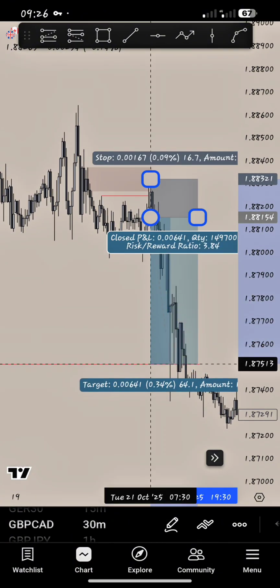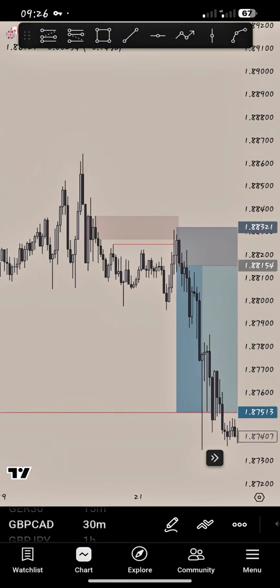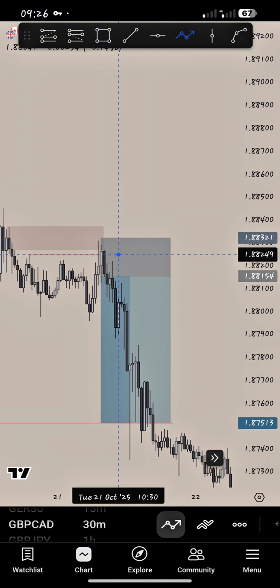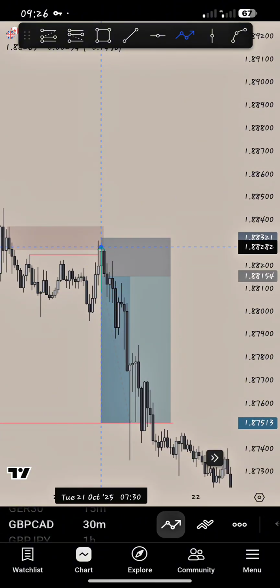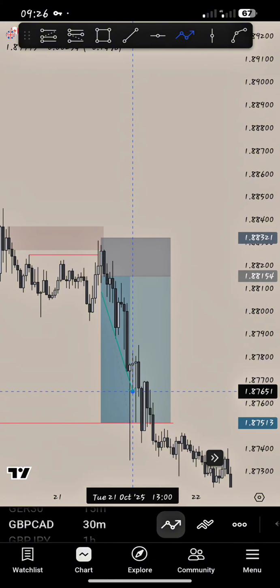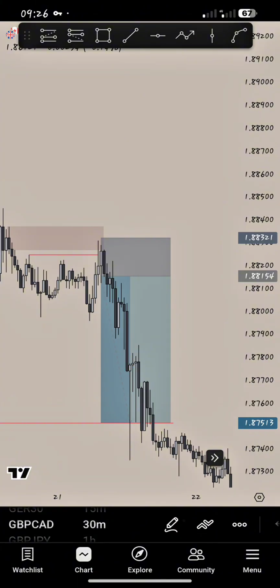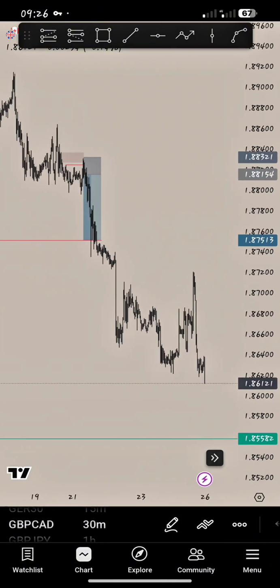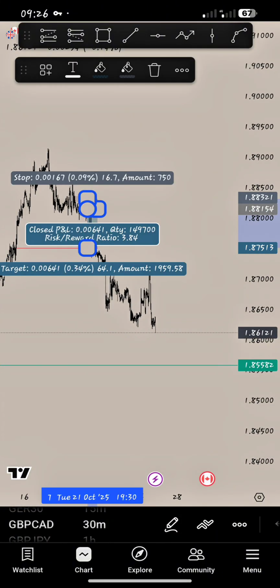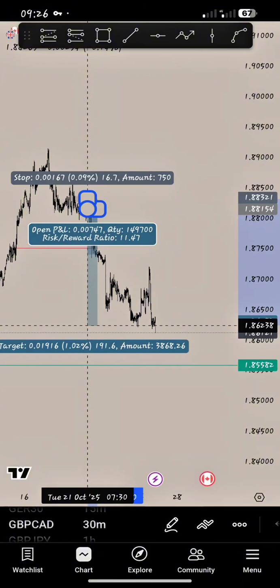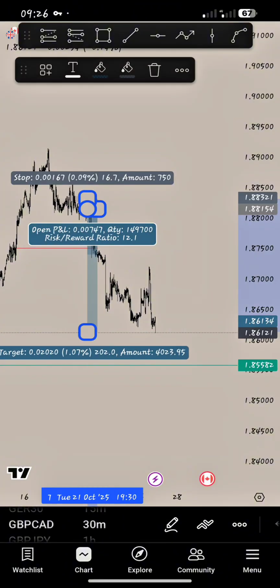So as you can see, the trade almost went to SL at first right here, but then look at the reaction. This candle right here was the CAD CPI, and now look at what happened after that. The market just dropped for about 1:12.